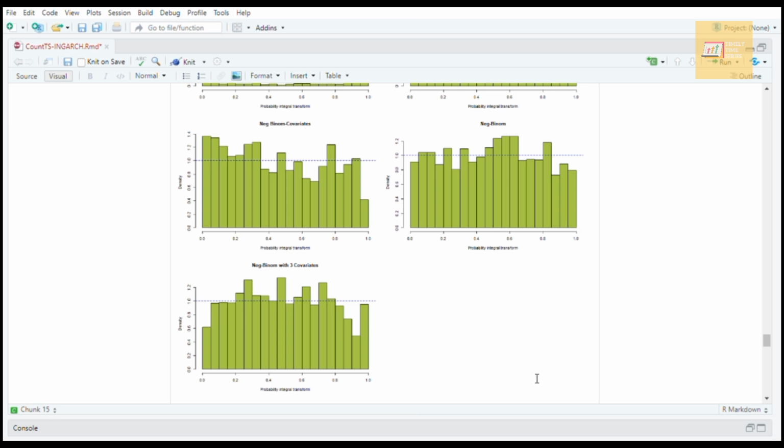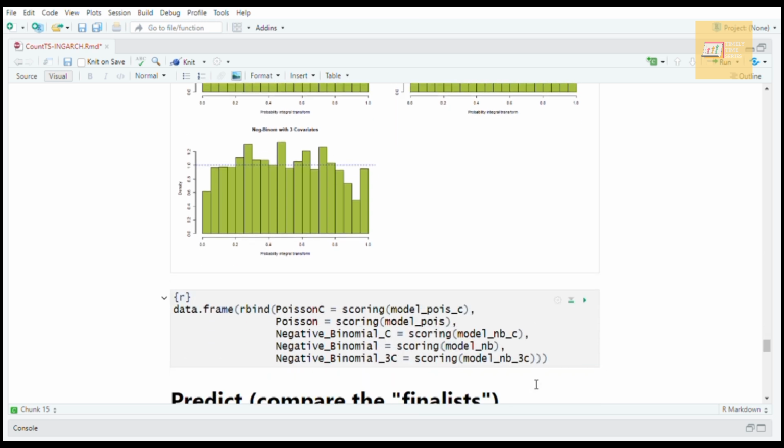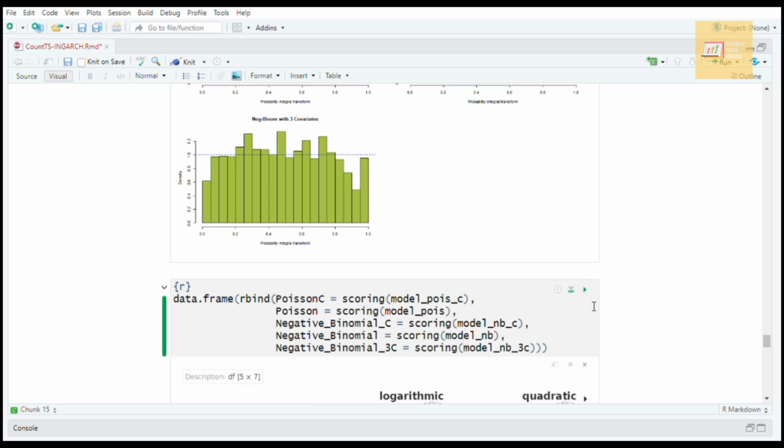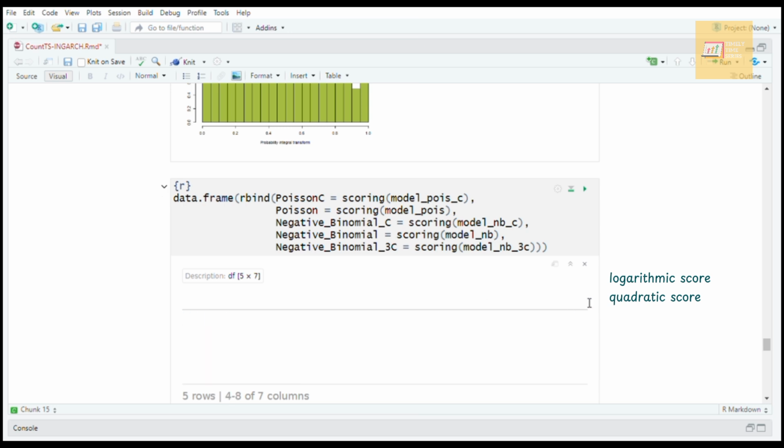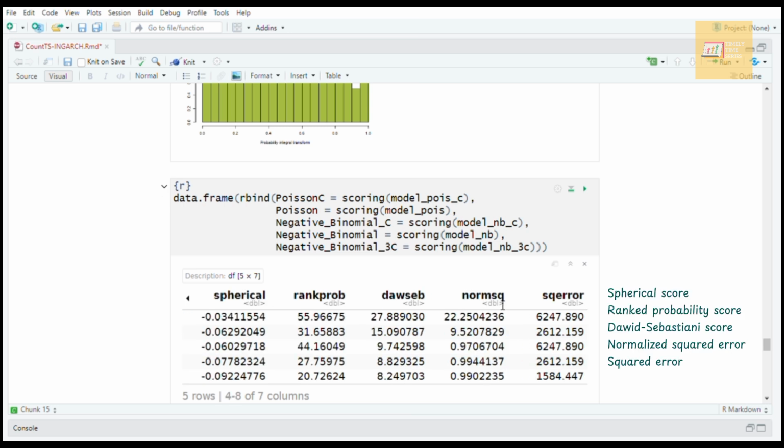Okay, let's see another comparison. Maybe we will have a better idea of who's the winner. Here we are making a data frame of the scores of those models. It's basically a data frame of several metric values, such as the logarithmic error, quadratic error, normalized squared error, squared error, and the spherical score and others.